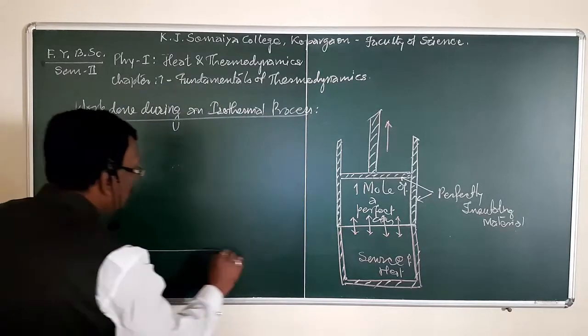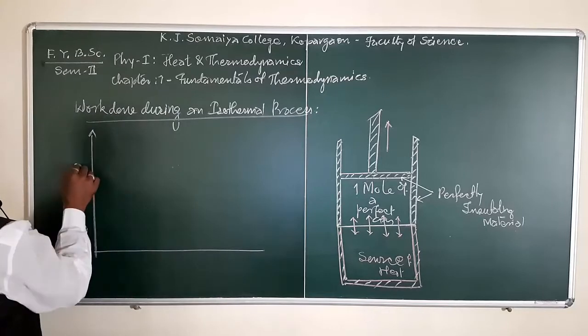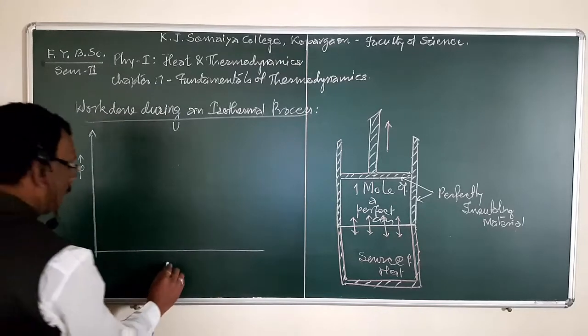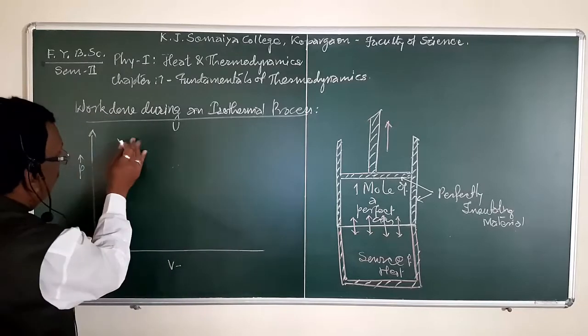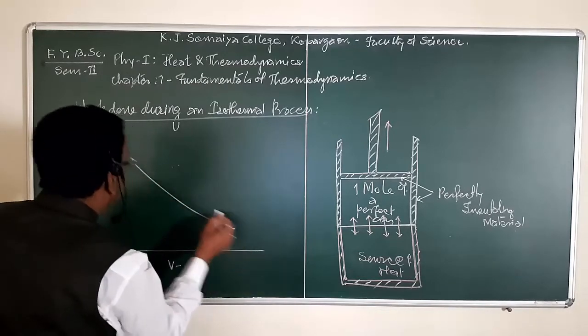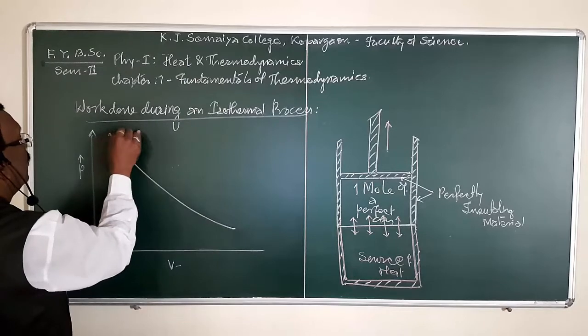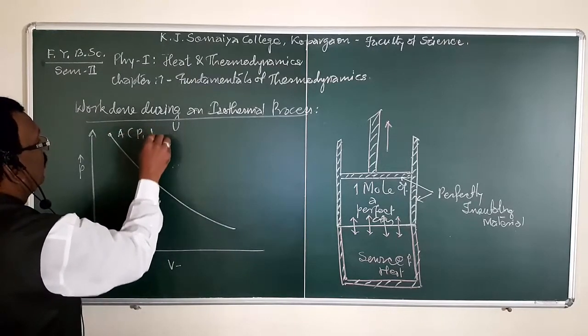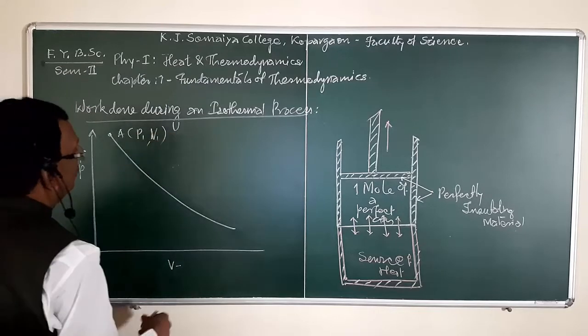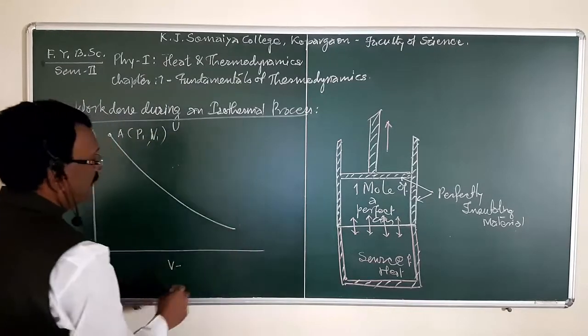This can be represented graphically like this. Here A is the initial state, where P1 is the pressure and V1 is the volume.